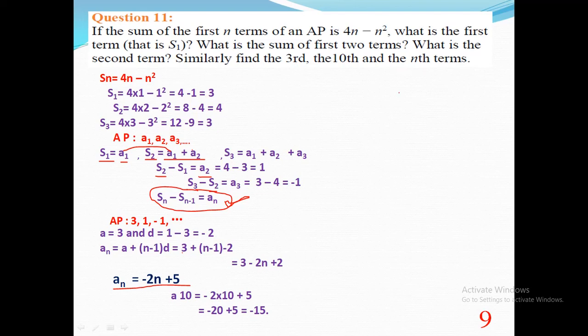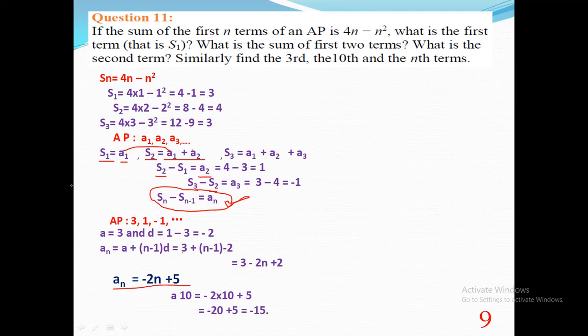A10 equal to, in place of n I write 10, minus 2 into 10 plus 5, that is minus 20 plus 5, minus 15. So An we found, A10 we found, and everything we are given in this question is found here. It is an easy question, at the same time very important also.